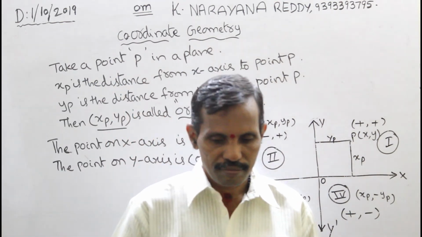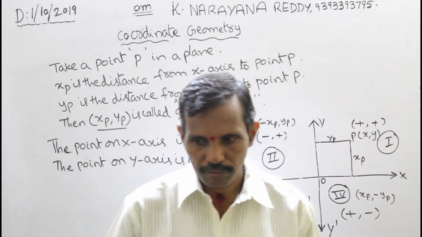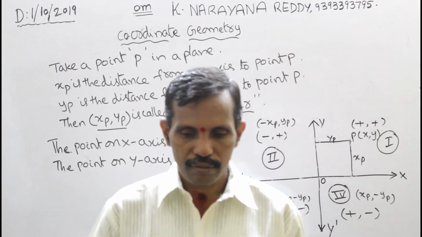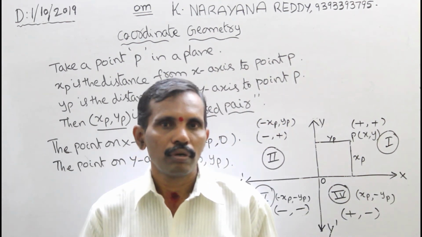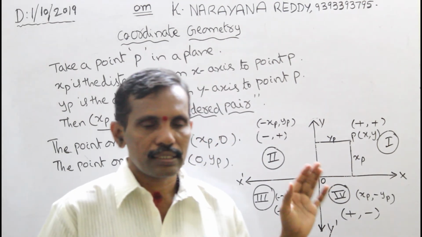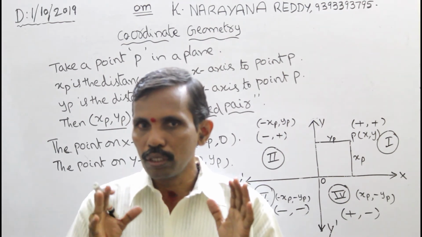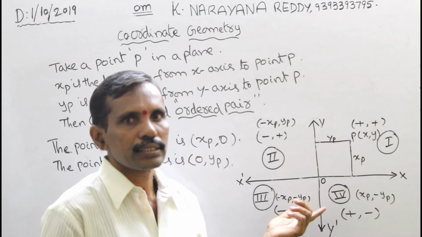Okay, dear friends, coordinate geometry is an important chapter for intermediate students and also for 10th class students. So practice these definitions and this graph, and remember all the points that are there in the 4 quadrants.